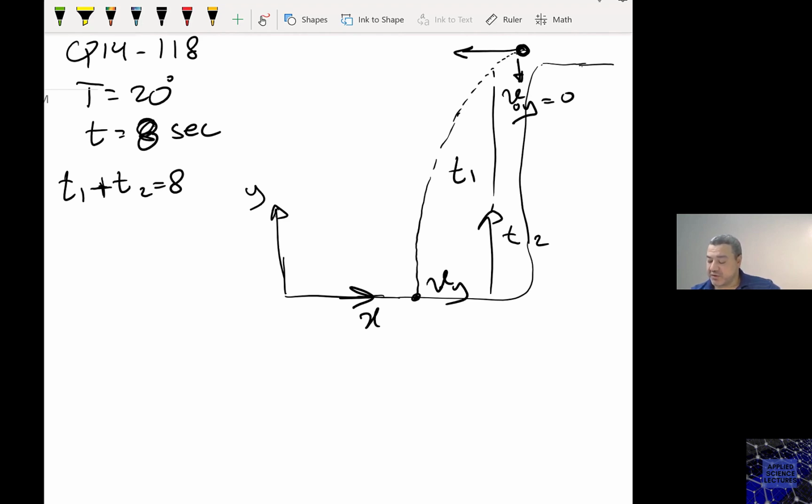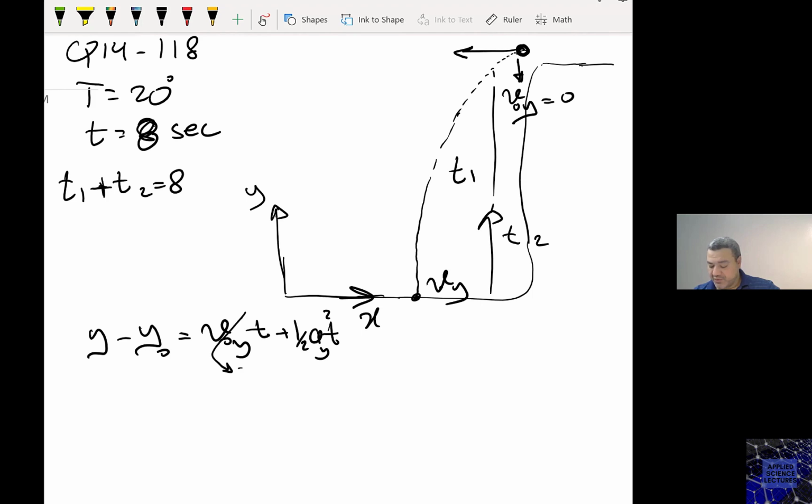I have this stone starting from rest, vertically going all the way down. I know that y minus y naught equals v naught y t plus half a y t squared.